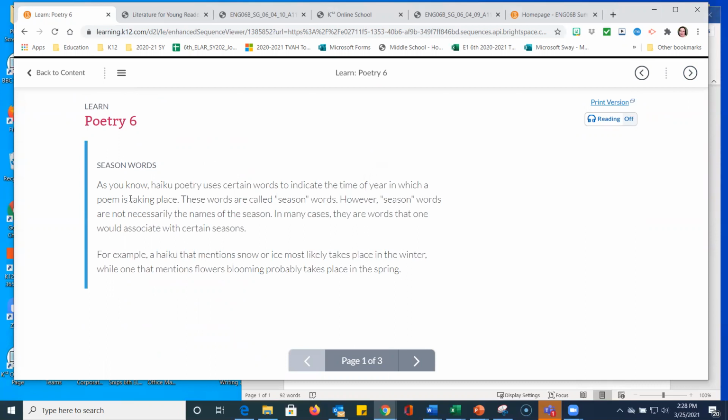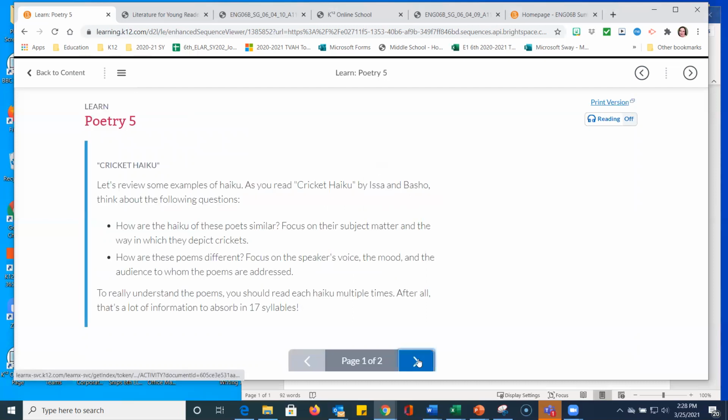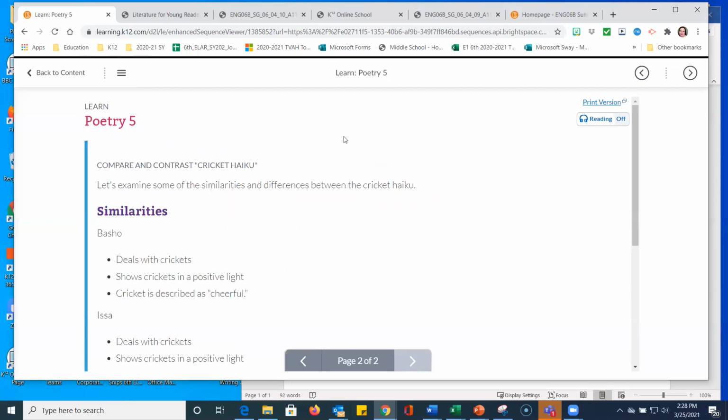Season words. As you know, haiku poetry uses certain words to indicate the time of year in which a poem is taking place. Wait a minute, did I do all of that? Let me make sure. Okay, yes, we did.